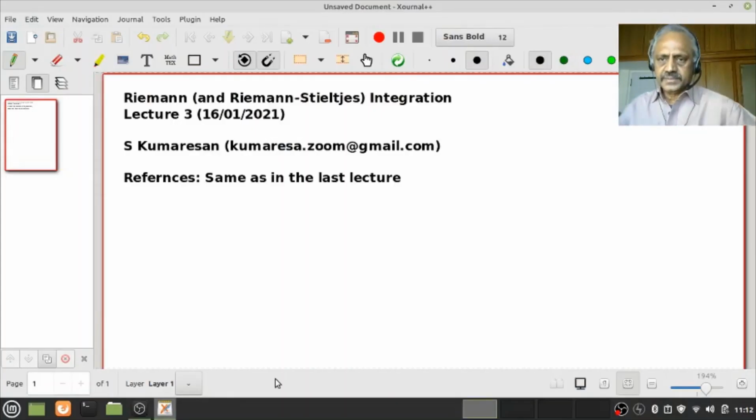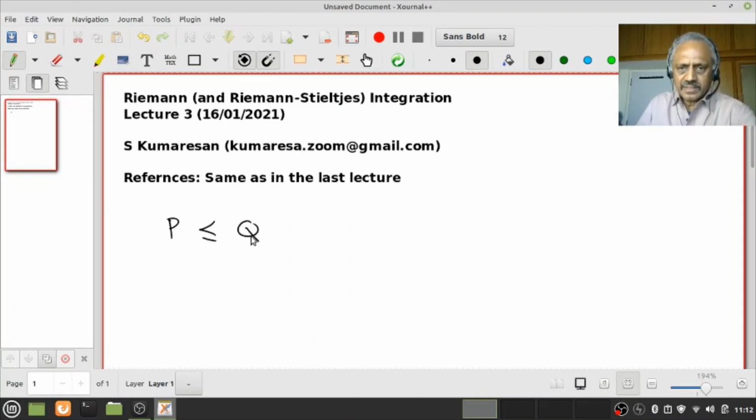So in the last lecture, if P is a partition, I will write P less than or equal to Q, which means Q is finer than P, or P is coarser than Q. This means the nodes in P are all nodes in Q, and perhaps Q has more nodes.